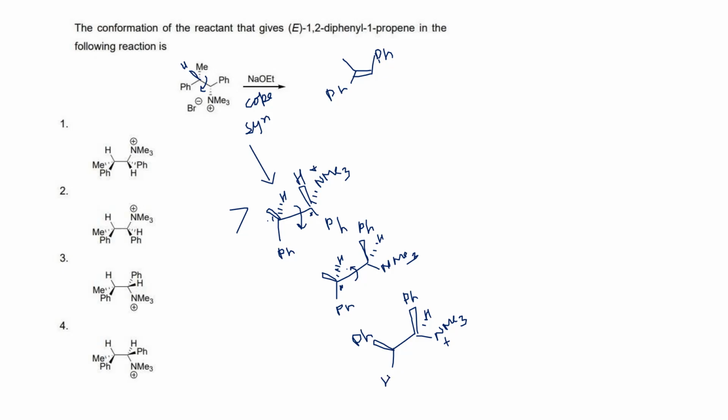Methyl goes below, in the plane. So the correct option is option 4. Correct option is option 4.